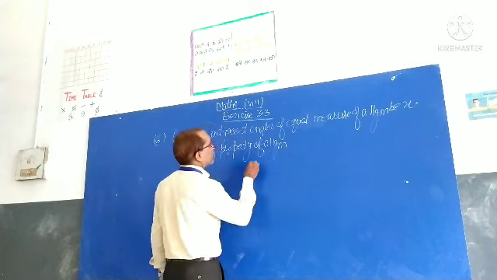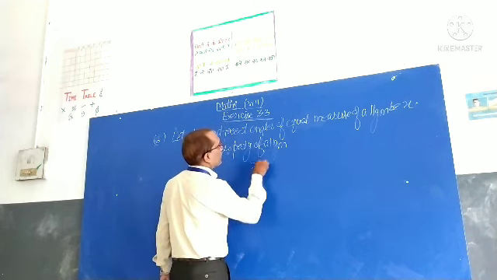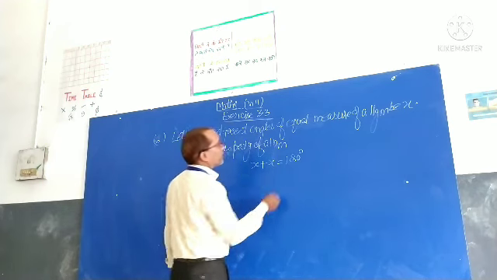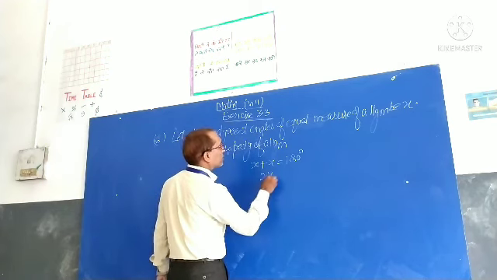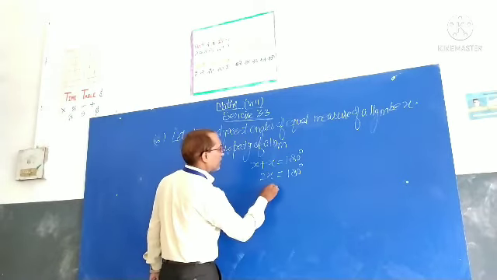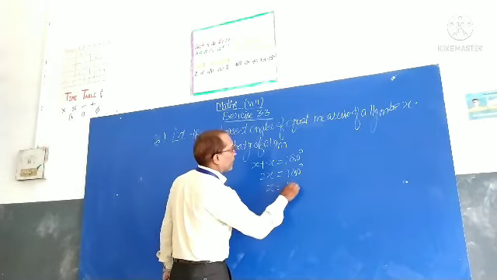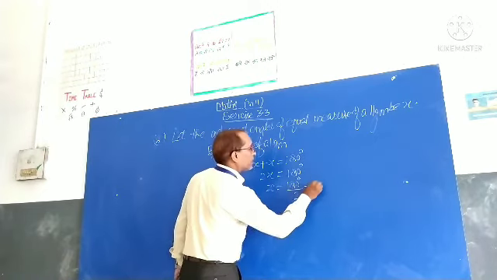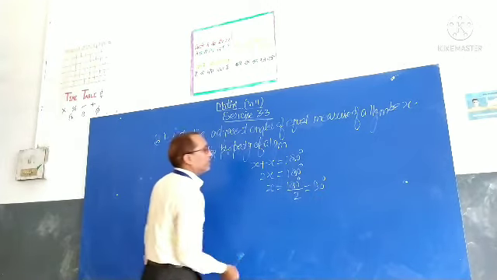This means x plus x is equal to 180 degrees. This means 2x is equal to 180 degrees. Then x is equal to 180 degrees upon 2, that is 90 degrees.